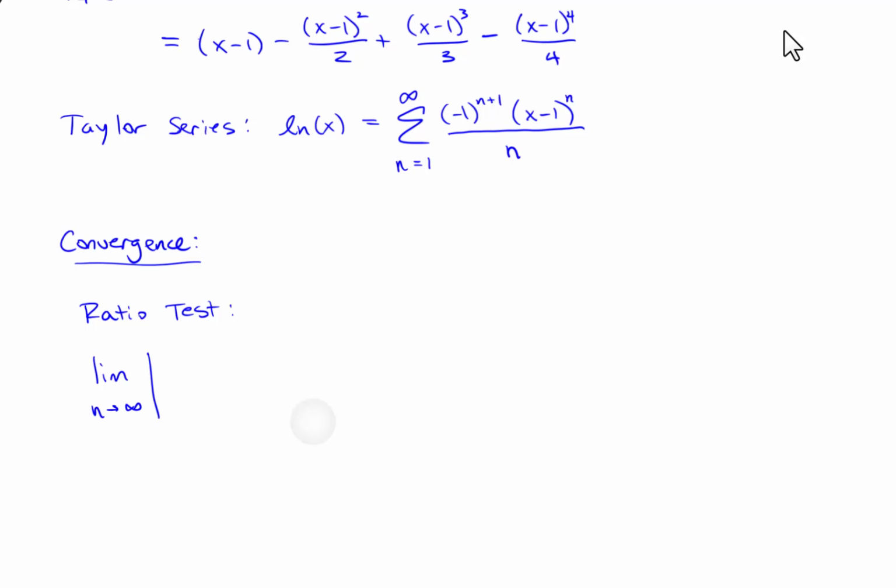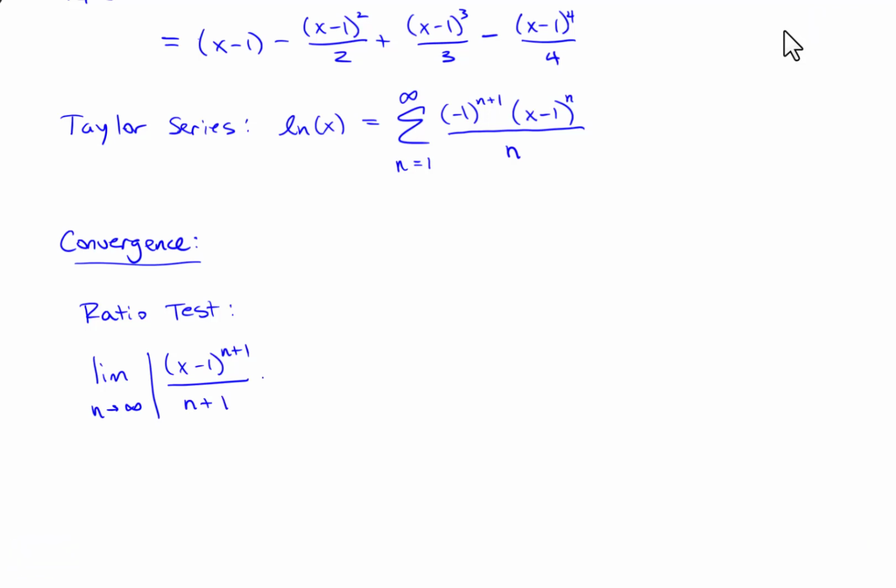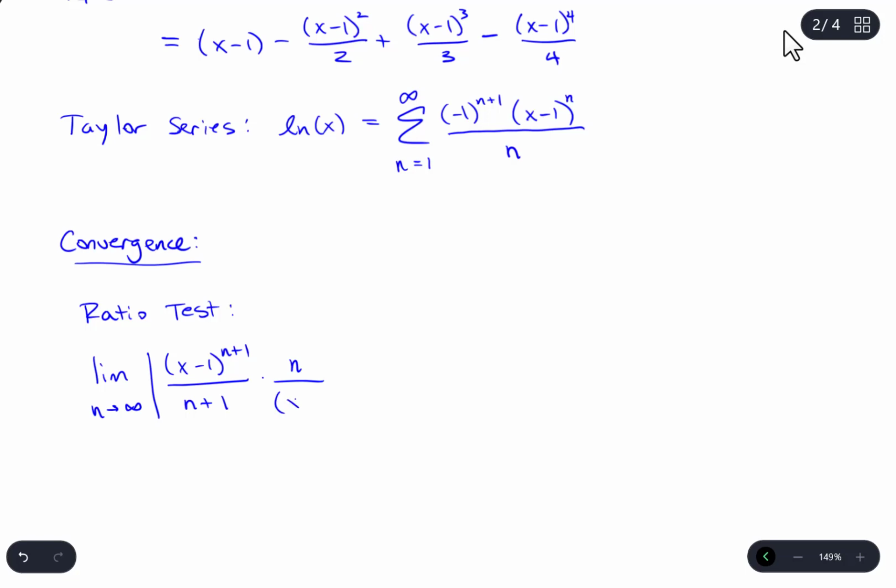And then we do the n plus 1 term over the nth term. But it's easier, of course, to multiply by the inverse of the nth term.